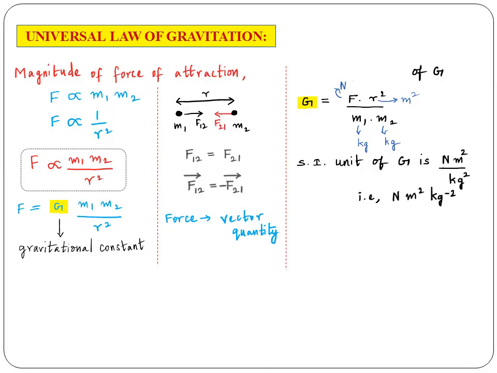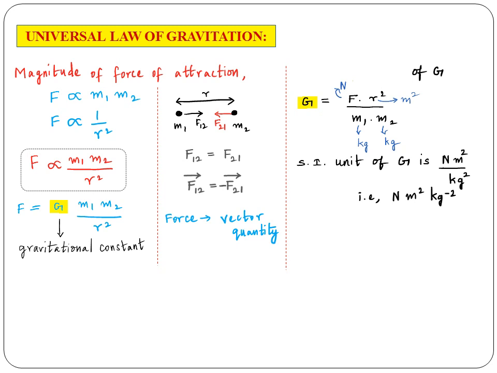In the universe, each mass particle attracts other mass particles, and the force of attraction between two particles because of their masses is called gravitational force of attraction. For the magnitude of this force, Sir Isaac Newton proposed a law known as Newton's law of gravitation.